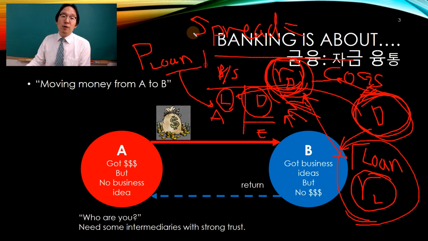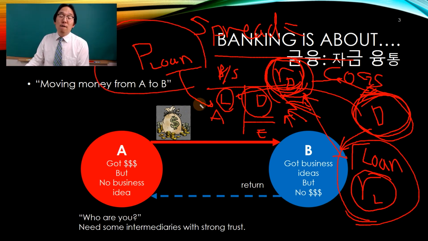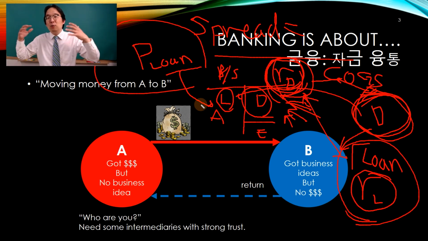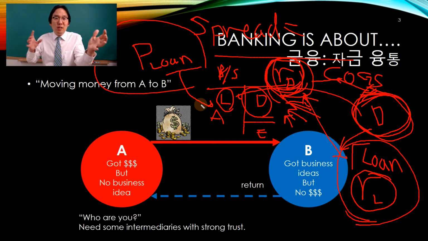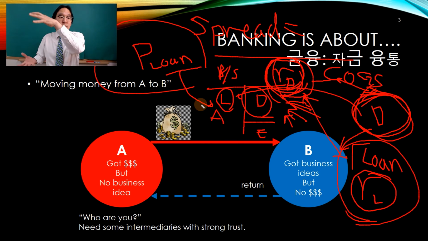So bankers have known this for about 1,000 years or 5,000 years in human history. They collected all those deposits from you and me and all these people, and then lent it to all different kinds of companies and managed this portfolio so that they would be reasonably managing this risk, right? This is a risk management tool.